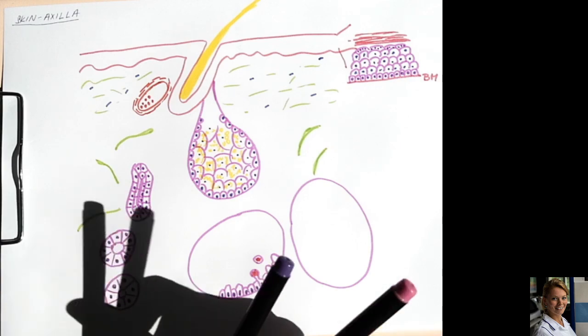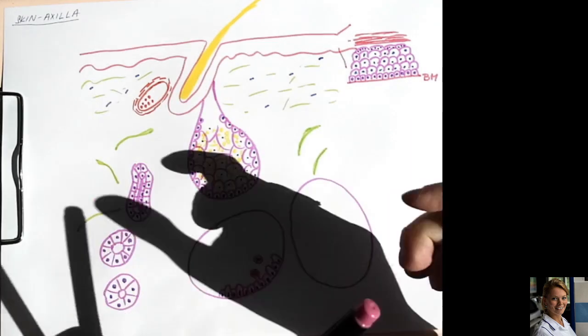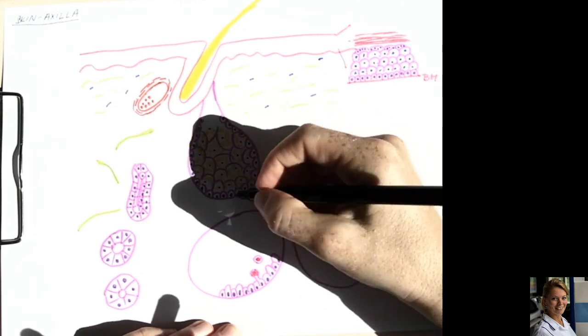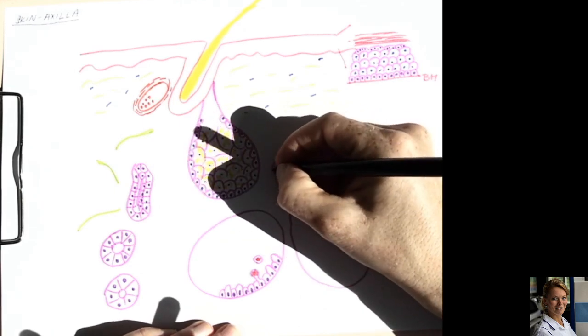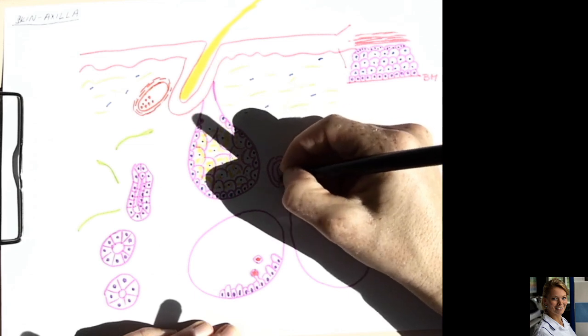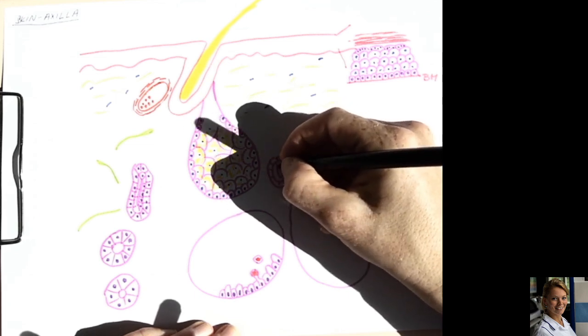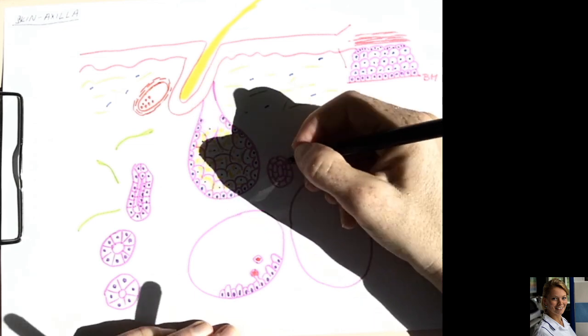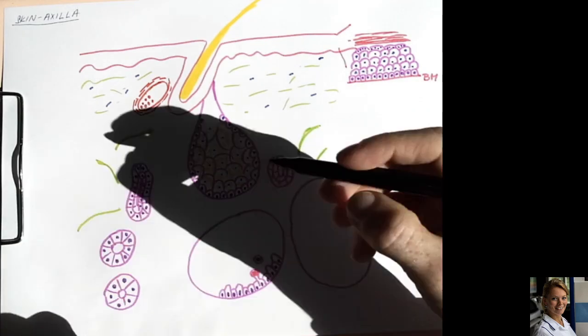Their duct is similar to the duct of the eccrine gland with double layer of cuboidal epithelium.